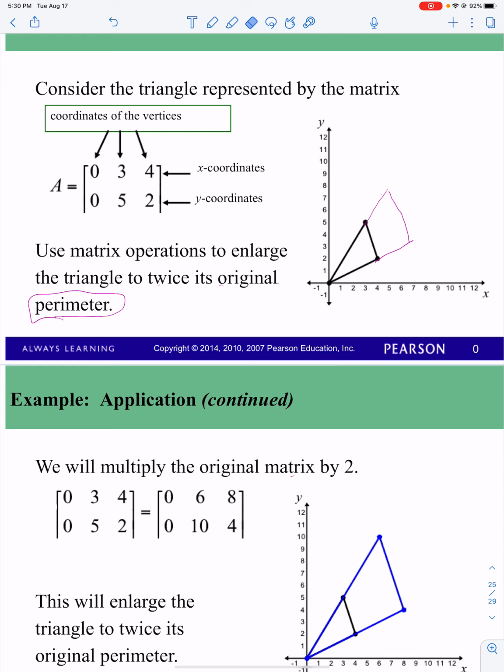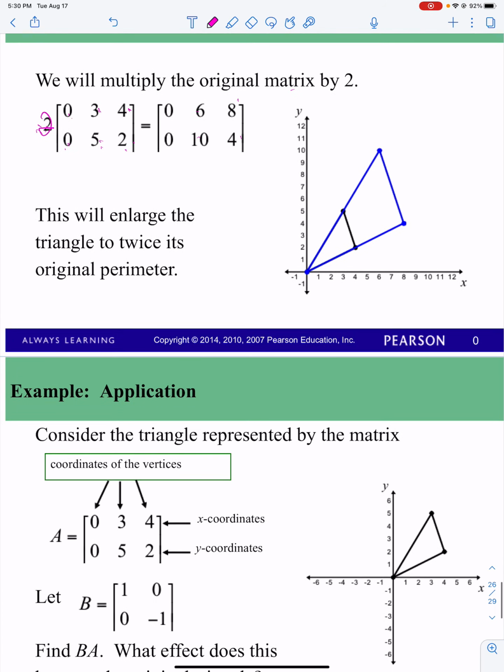Multiply by 2, yeah? When you multiply by 2, you multiply every element here by 2. So 0, 0 does not change because 0 times anything is 0. 2 times 3 is 6, 2 times 5 is 10, 2 times 4 is 8, 2 times 2 is 4. Good.